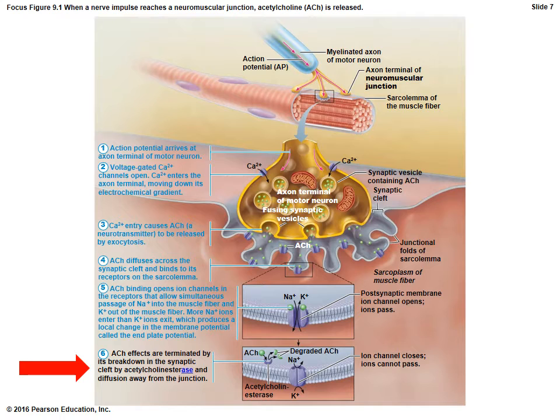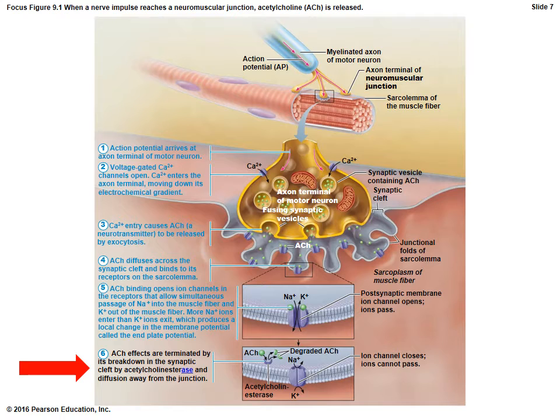Now, before we continue on, because obviously we want to take this end plate excitement and spread it throughout the entire muscle fiber so the entire muscle can contract and it's not just a localized response, before we continue to the next step of that, I do want to point something out, which is that acetylcholine has an enzyme that is able to inhibit its action.